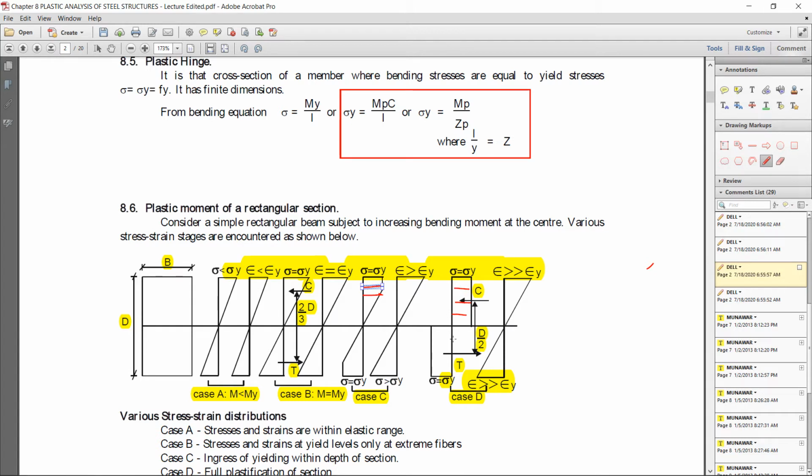So that is the case when the strains are greater than yield, much more than yield. The strain profile will keep on increasing, meaning deformation will keep on increasing. Its shape will remain the same, but only the stress profile changes due to the yielding of the fibers.